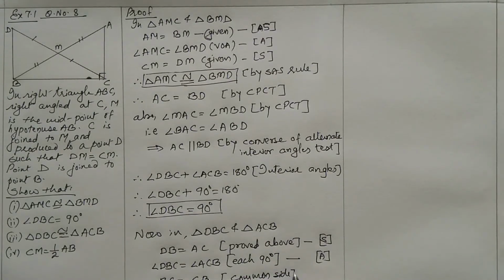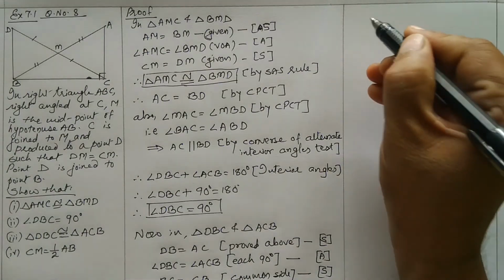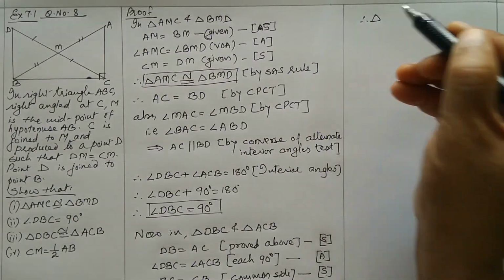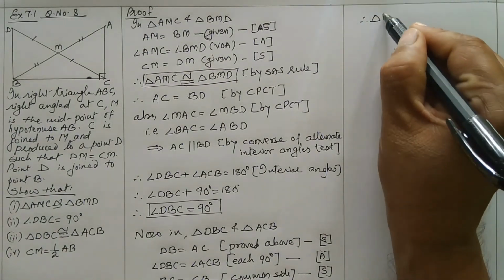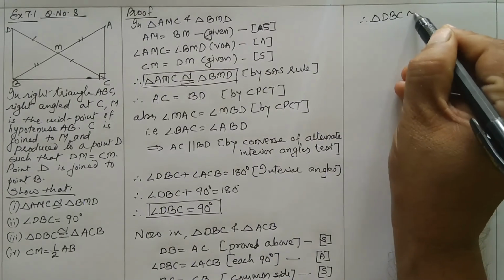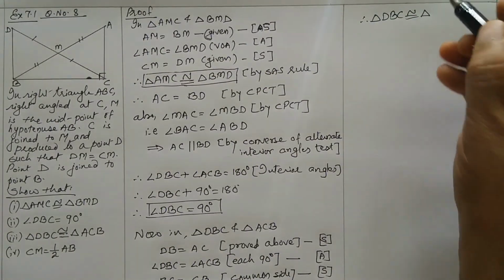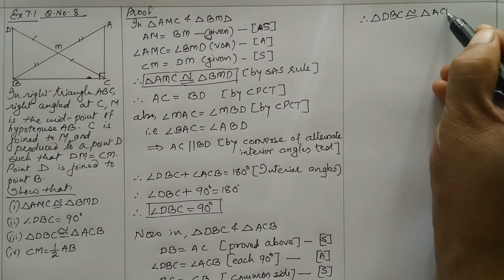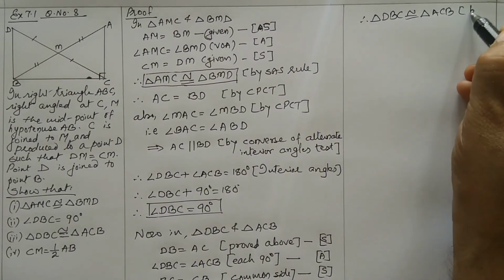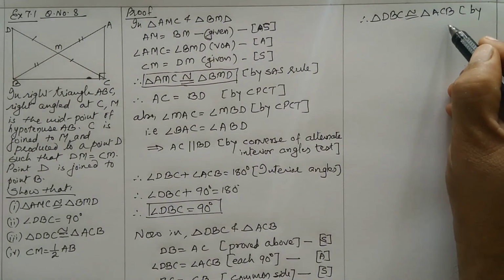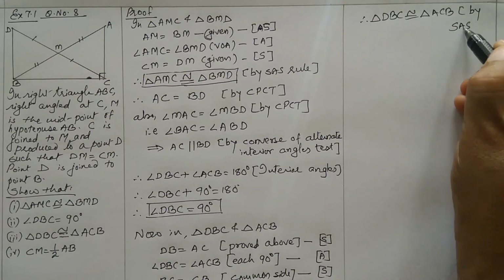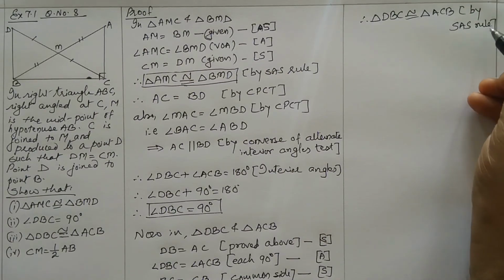So this is one more pair of corresponding sides. So therefore triangle DBC is congruent to triangle ACB. By which rule? By SAS rule, side angle side.